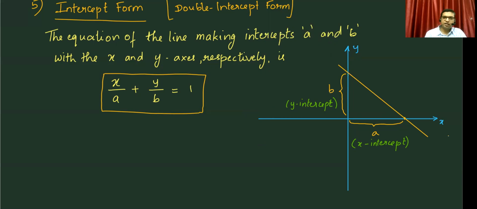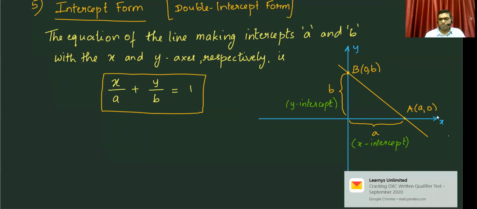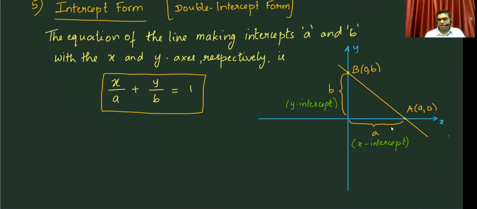So it automatically means that the line passes through 2 points, (a, 0) and (0, b). Any coordinate on the x-axis will be of the form (a, 0), and because this intercept is a, it is (a, 0). The y-intercept is b, so this point will be (0, b).